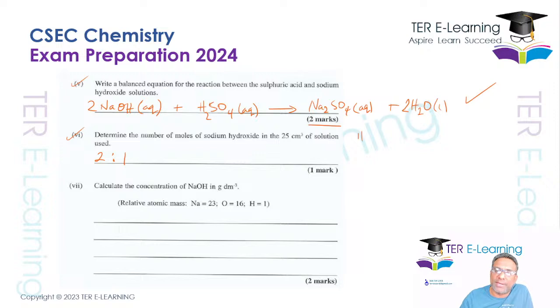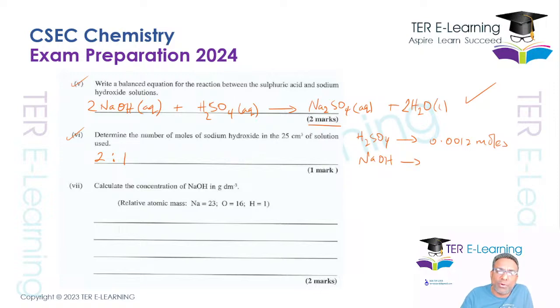So let me just write that here. H2SO4, the number of moles that we used was 0.00125. And these are reacting in a ratio of 2 to 1. If you want to work out the sodium hydroxide, it'll be twice as much sodium hydroxide we need.